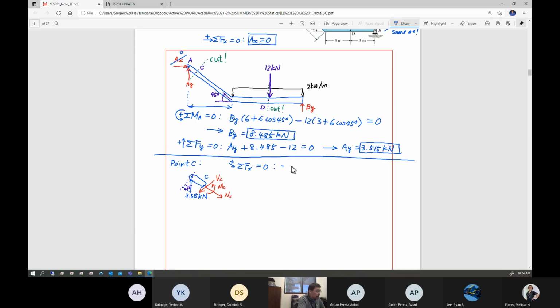So this is negative 3.515 sine 45 degrees, it's a negative direction of x, plus NC is equal to 0. This is going to give you NC is 2.485 kilonewton.